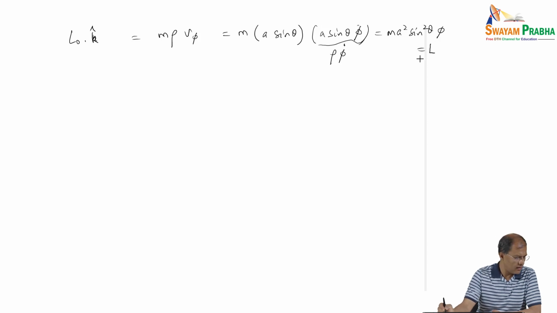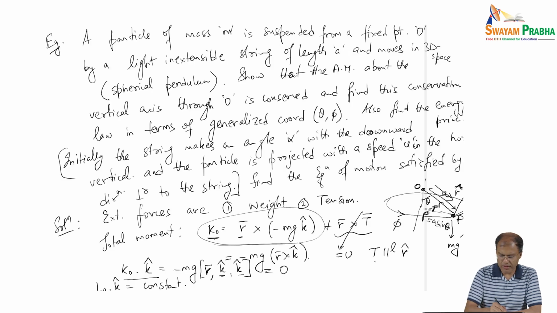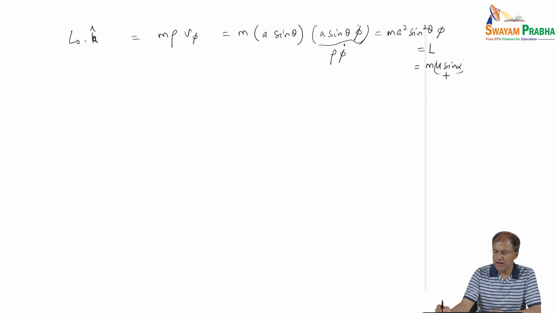So we get m a square sine square theta phi dot, and this is a constant L. Now L can be found using the initial condition. Initially the velocity is u, and the angle that the string makes is alpha, so theta is alpha.